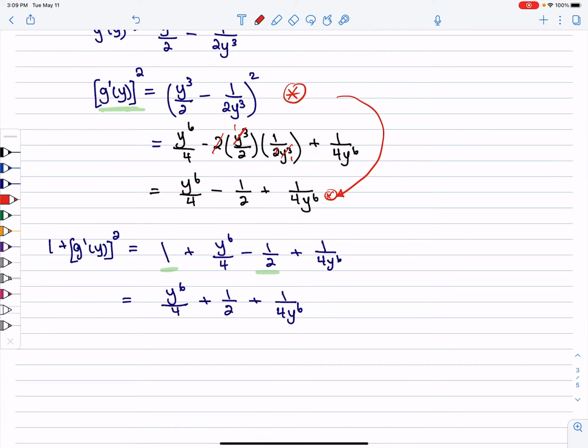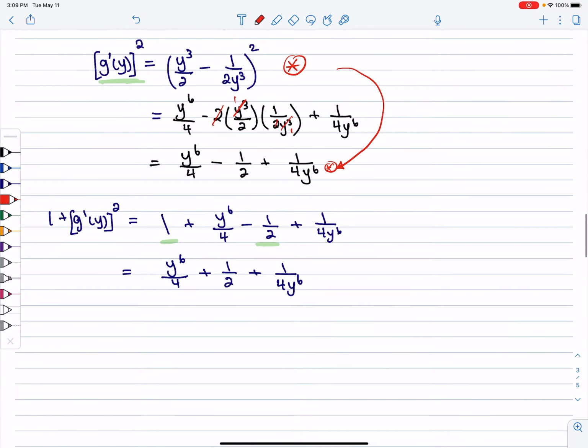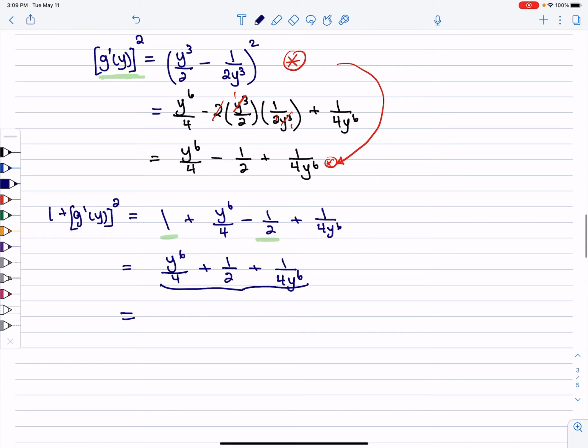So now what I want to do is go backwards. What we need to do is factor out this trinomial. When you factor it out, the only difference is the minus. So it's going to factor out into y cubed over 2 plus 1 over 2y cubed, and then it's going to be squared.